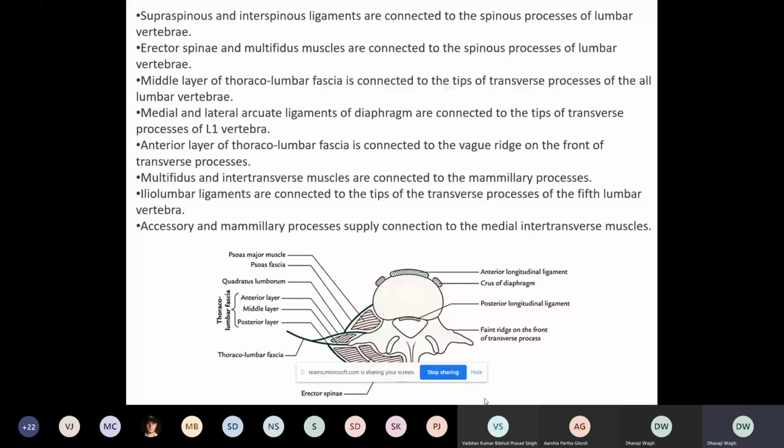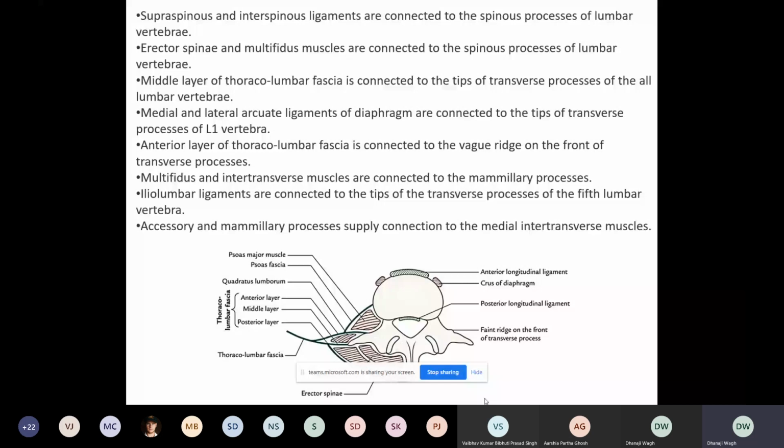Viva question or MCQ: the anterior layer of the thoracolumbar fascia is connected to the ridge on the front of the transverse process. When you feel the transverse process, you can feel a ridge anteriorly. Here this anterior layer of the thoracolumbar fascia is attached.